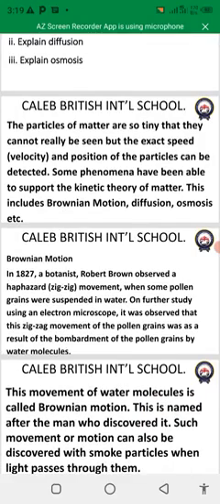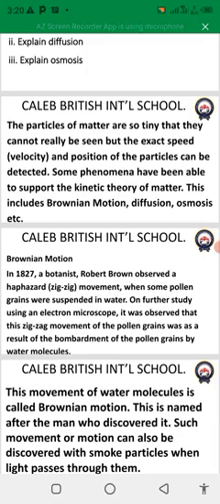Now I want to start the introduction. The particles of matter are so tiny that they cannot be really seen, but the exact speed, that is the velocity, and the position of the particle can be detected. So some phenomena have been able to support the kinetic theory of matter.